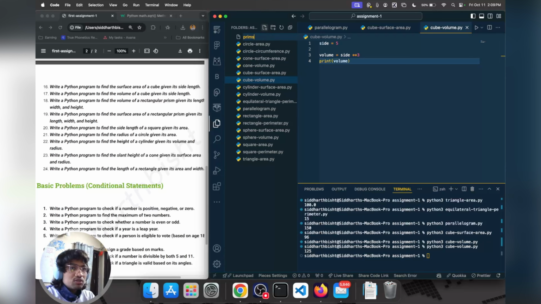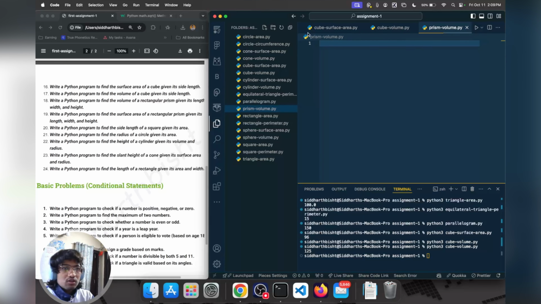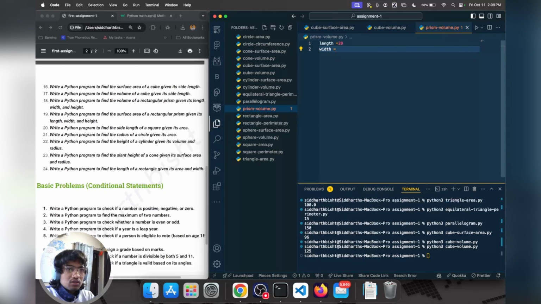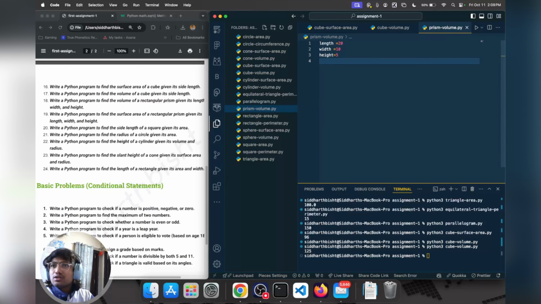So prism volume.py, and we are given its length. Let's take anything. Width, let's take anything. Height, let's take anything. And we have to find its volume.